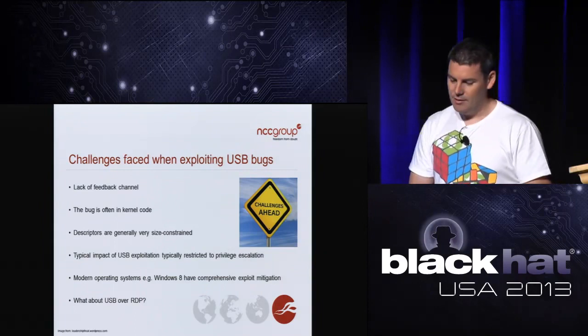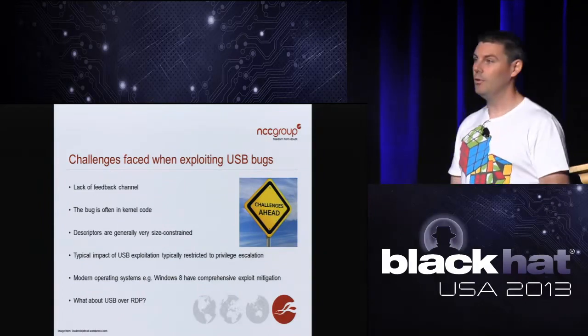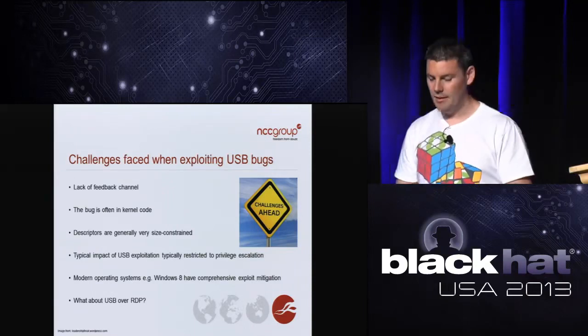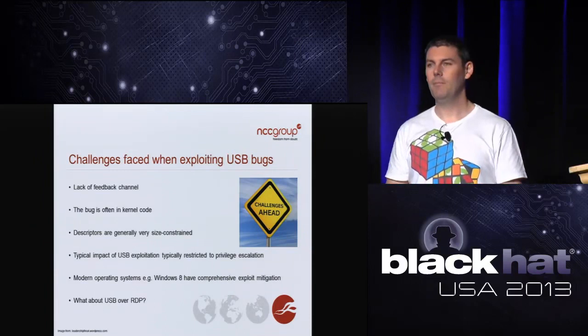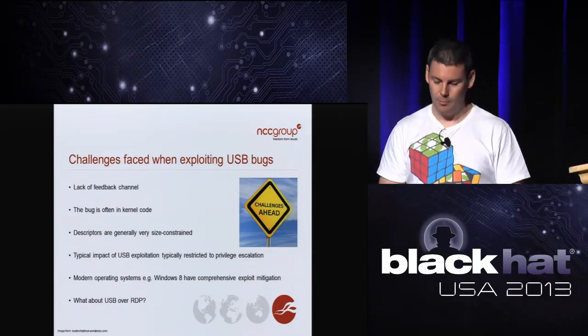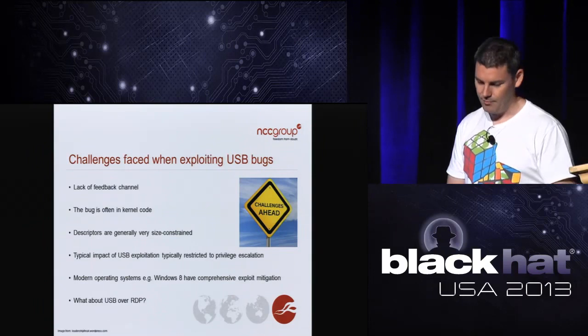The bug's often in kernel code, which, if you can exploit it, is great because it provides the possibility of privilege escalation, but also makes it quite difficult to exploit from a memory corruption exploitation perspective.